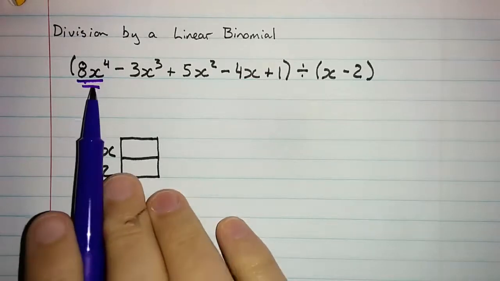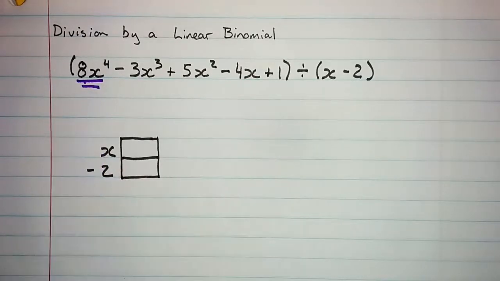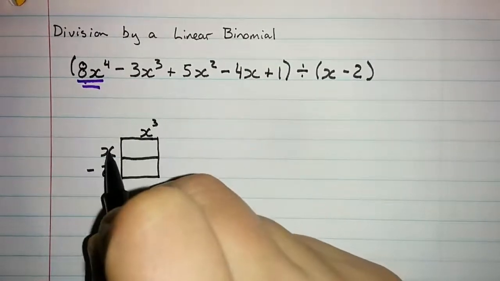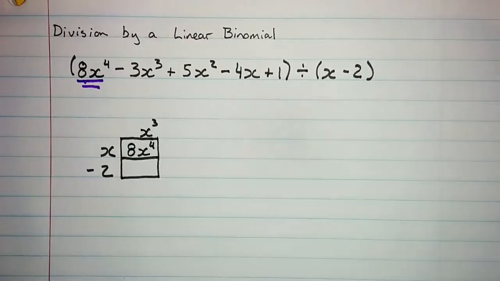Well, the only way we'll get an x to the fourth term is if we multiply some x to the third term by our x term. And that's the only thing that's going to give us an x to the fourth term.